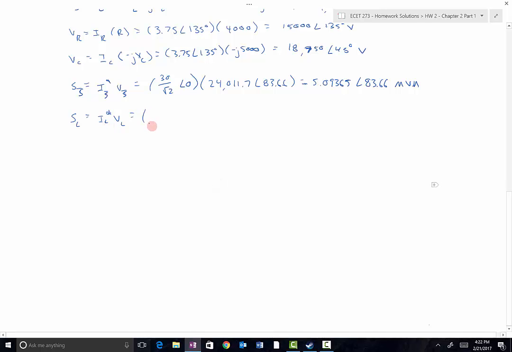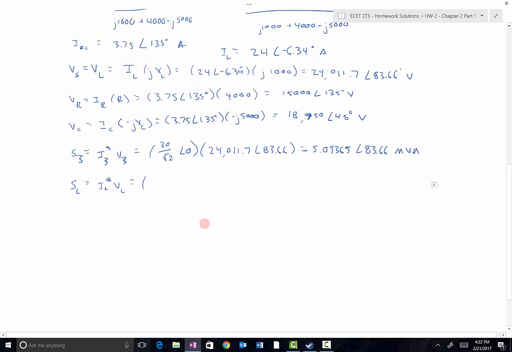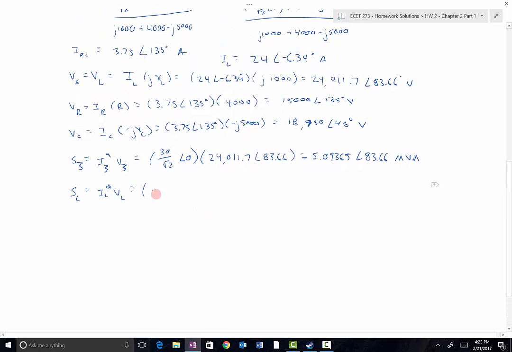The current flowing through that inductor we calculated as 24 at angle negative 6.34 degrees. I need to take the complex conjugate of that though, so I invert the sign of the angle. So that is the complex conjugate of the inductor current.